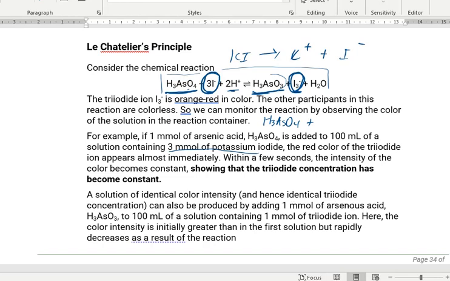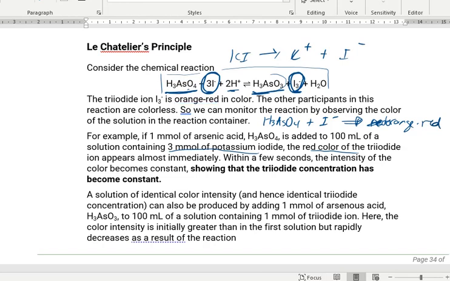This I minus here is actually from potassium iodide. So, when this arsenic acid and potassium iodide are mixed, the red color of the triiodide ion appears almost immediately. So, when this is mixed, it immediately becomes orange-red in color.